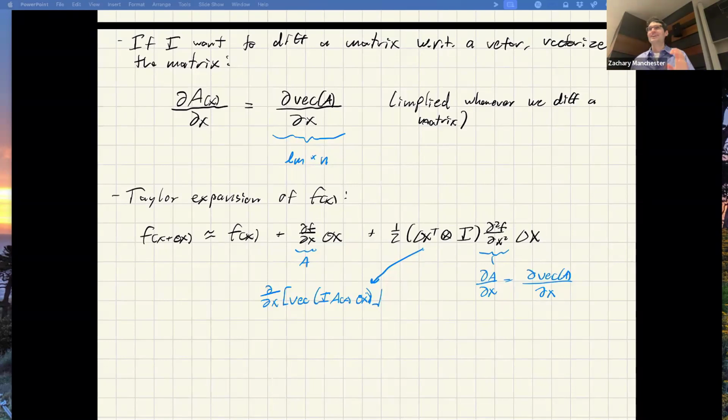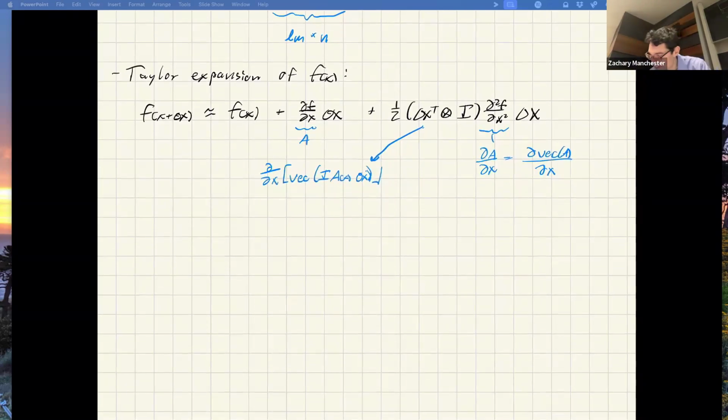Last trick that we need to do this: sometimes, and by sometimes I mean we will imminently, we need to diff through a transpose. So if you have the ABC expression and say it's B transpose in there instead of B, then you need one extra trick. Basically, we need to think about what the vec of the transpose is.